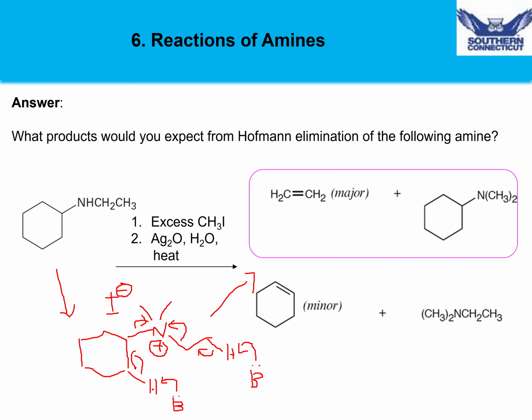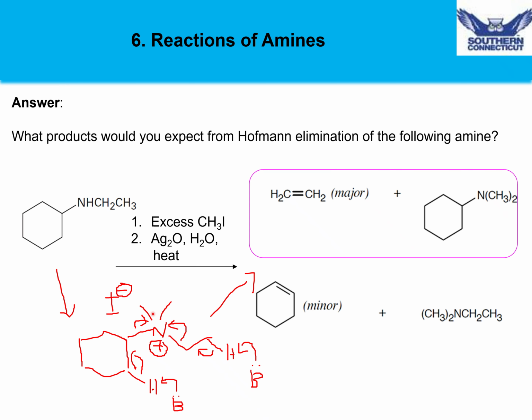When we do that, the nitrogen will be eliminated with two methyl groups and an ethyl group. So for that reason, we get the following two compounds: dimethylethylamine as the amine product that's eliminated, as well as the following cyclohexene. The cyclohexene results when we remove this hydrogen and form a double bond there.